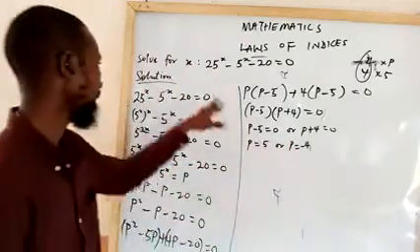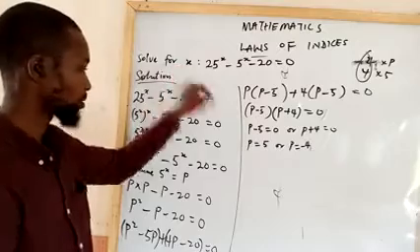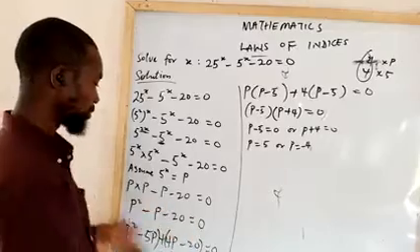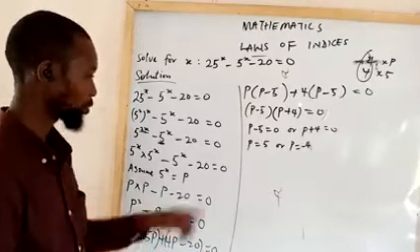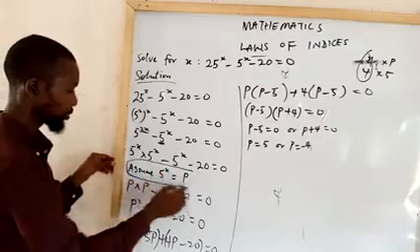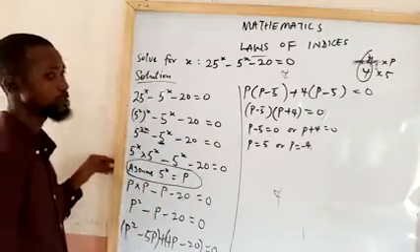But remember, we are asked to find the value of X in this question and not P. P was only what we did in order to be able to have a solution to this. So we now have to make reference back to the position whereby we introduced P into our solution.